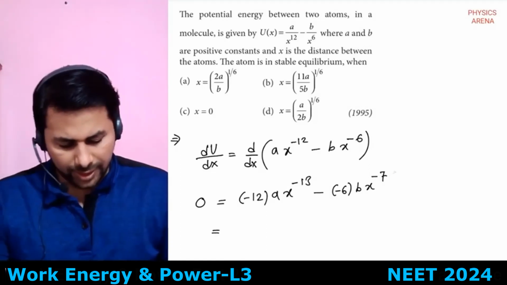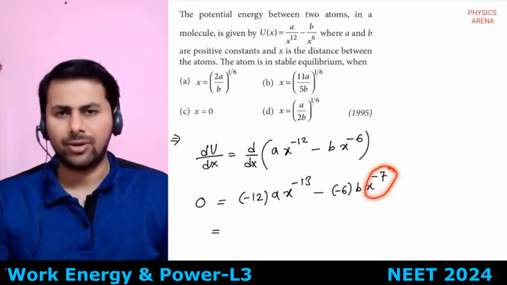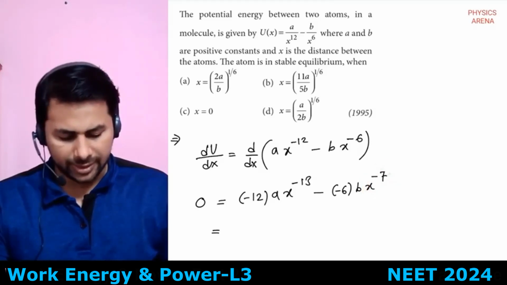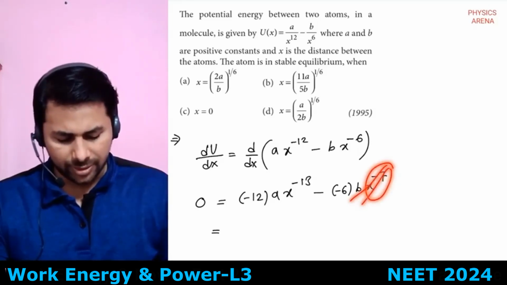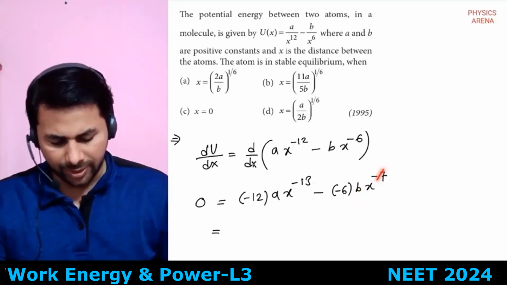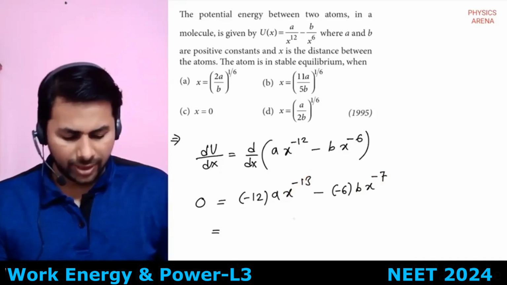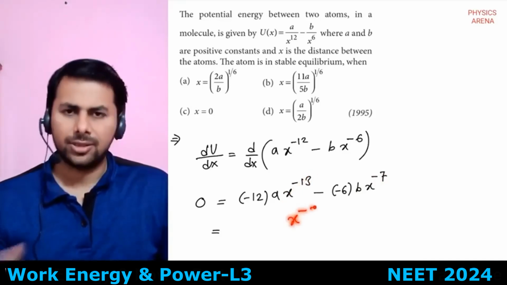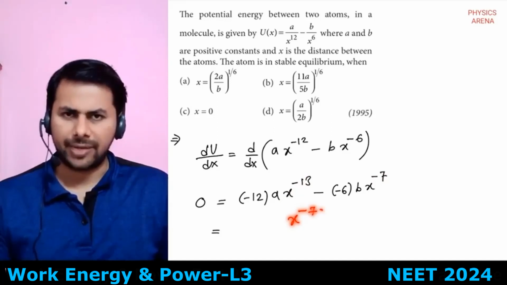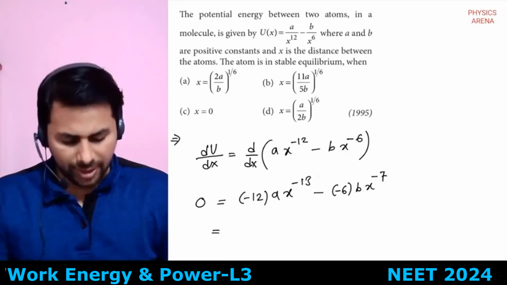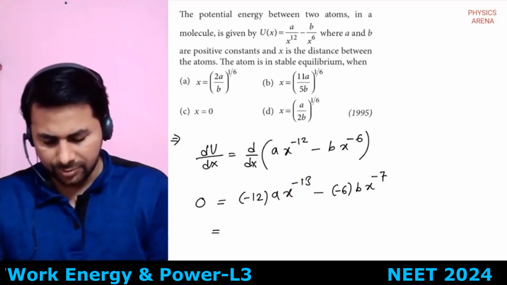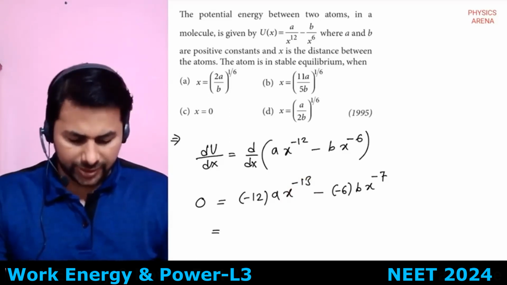Here I can take x raised to minus 7 common. Then it will be x raised to minus 7 plus minus 6, so I will be left with x raised to minus 6.